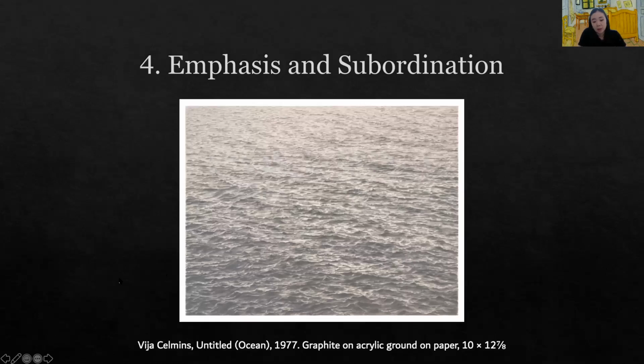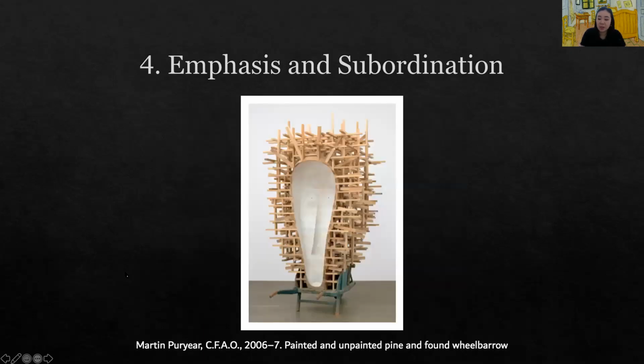Sometimes an artist is interested in emphasizing an entire work in its wholeness, like this work of art. So the whole gentle waves are emphasis in this work of art. And emphasis can also be used to draw attention to a large portion of a work.